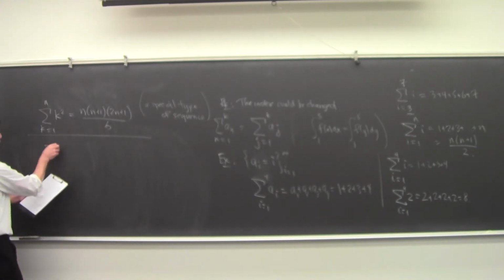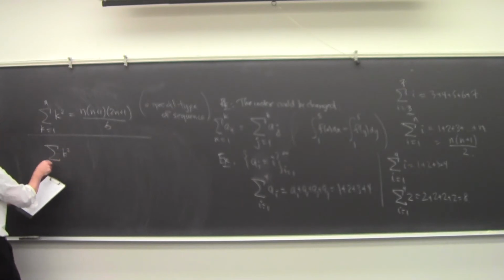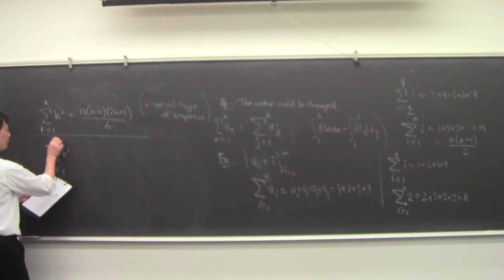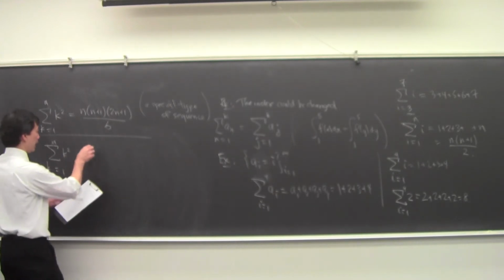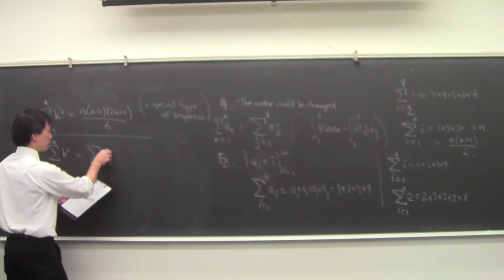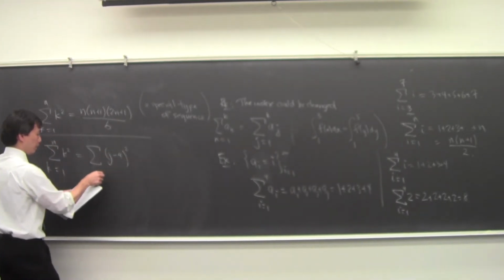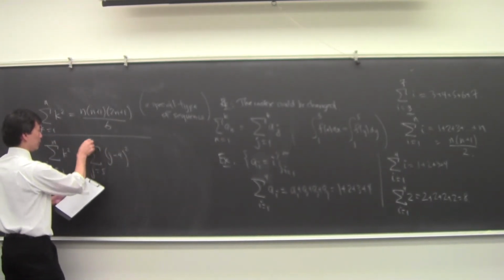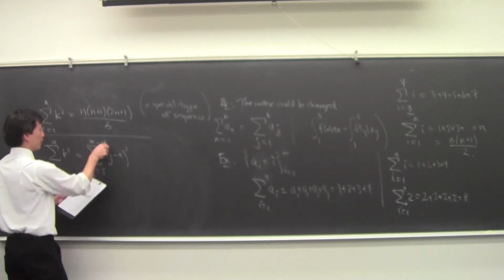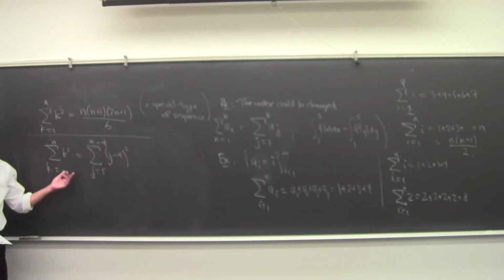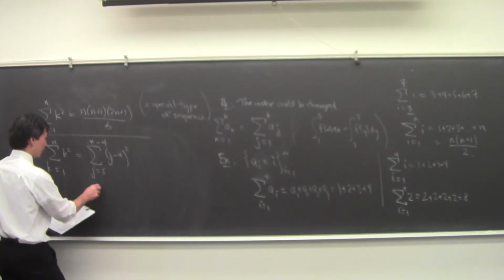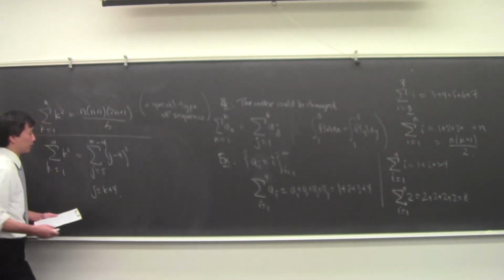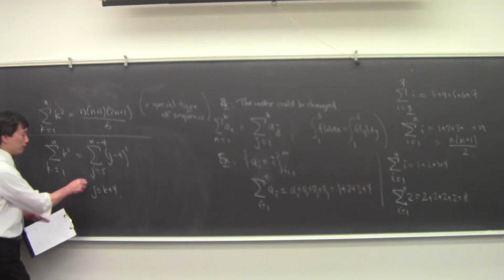If I take the sum of k squared from k equals 1 to n, I can rewrite this as the sum of j minus 4 squared from j equals 5 to n plus 4. You can shift the index. What I'm doing is saying let j equal k plus 4.